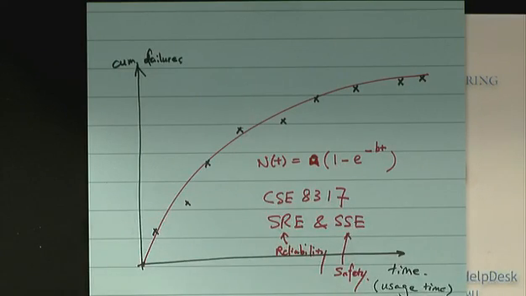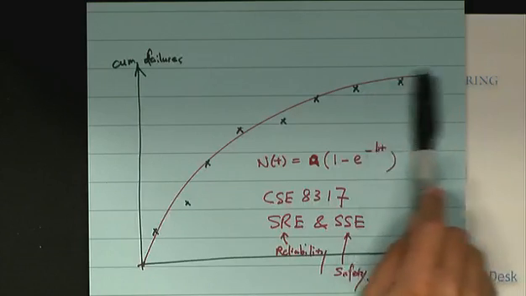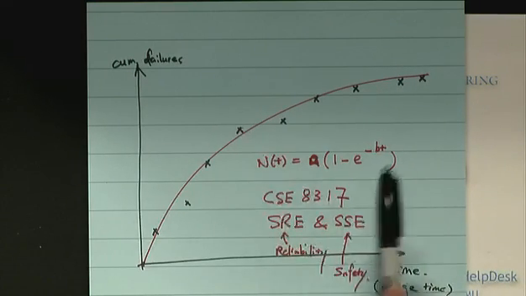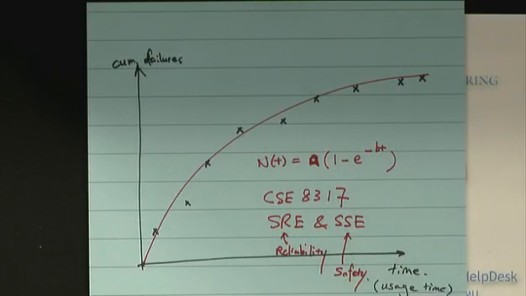Okay, so going back to defect measurement, we are trying to take those measurements so we can use them in those kinds of models. When you use it in those models, you say, okay, now we are here. If we have this function fitted, we can extend it into the future.